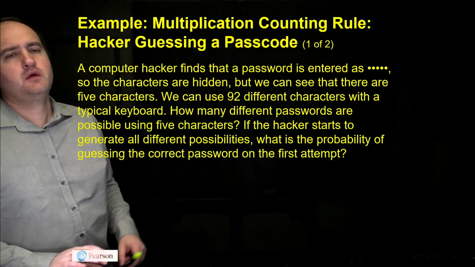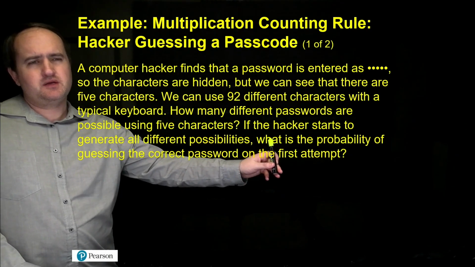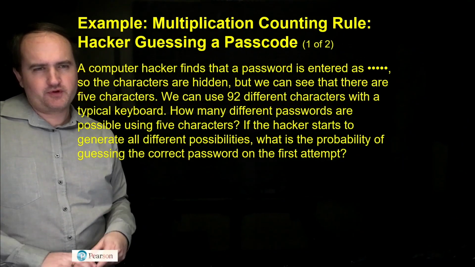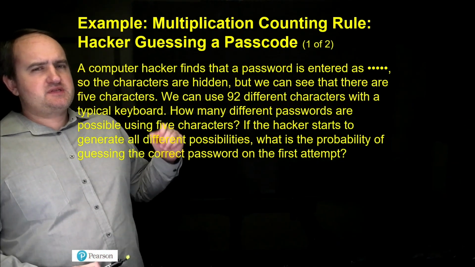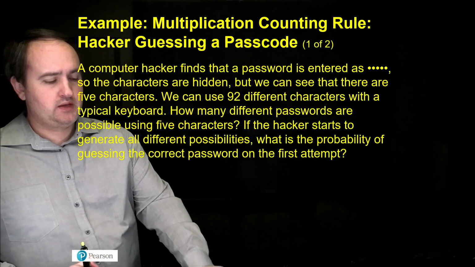Let's answer their first question. Their second question is, what is the probability of guessing the correct password on the first attempt? This is an example of the multiplication counting rule.